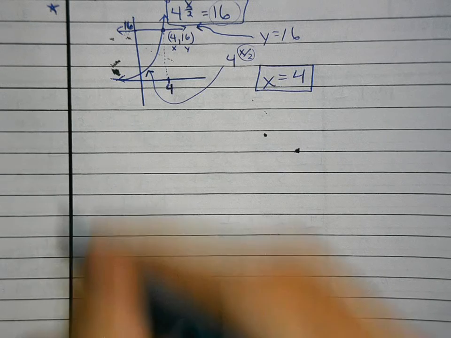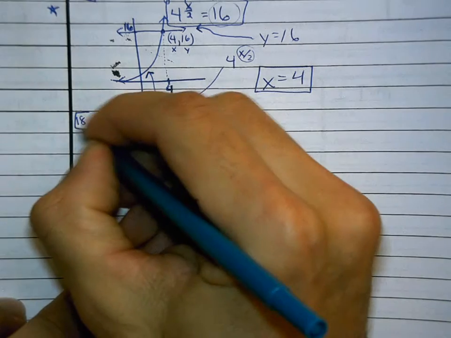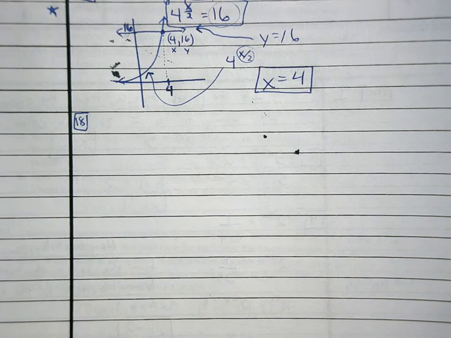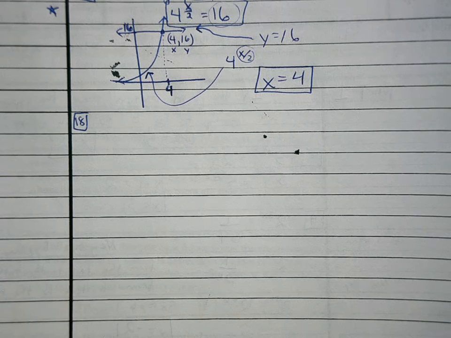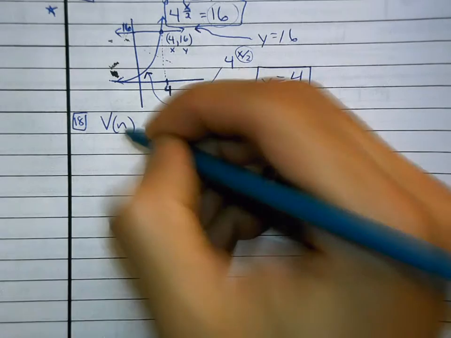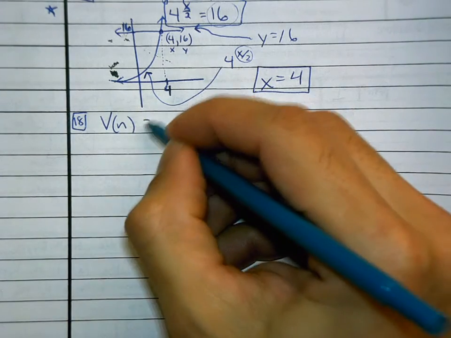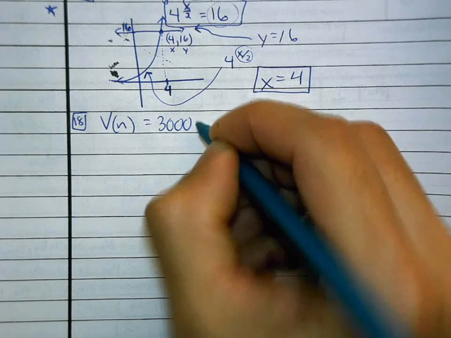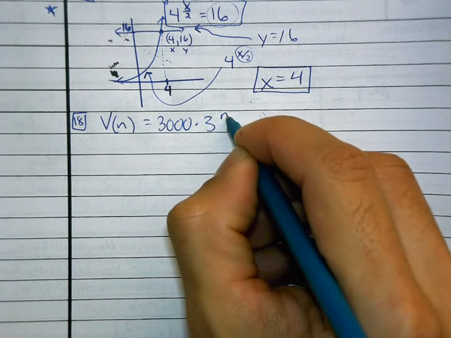Number 18. V of n equals 3,000 times 3 to the n power.